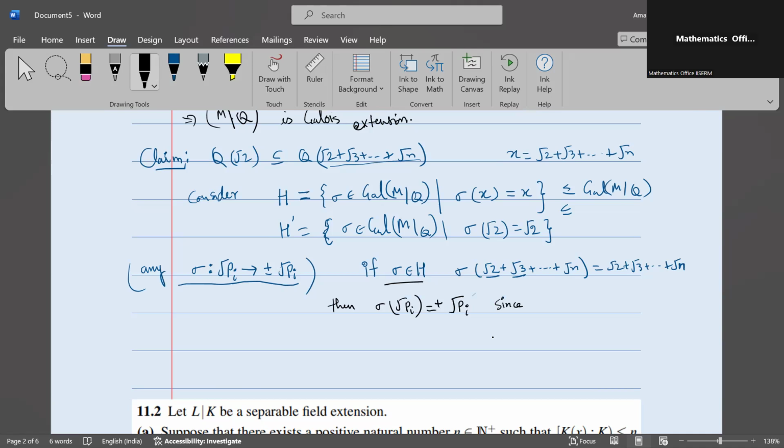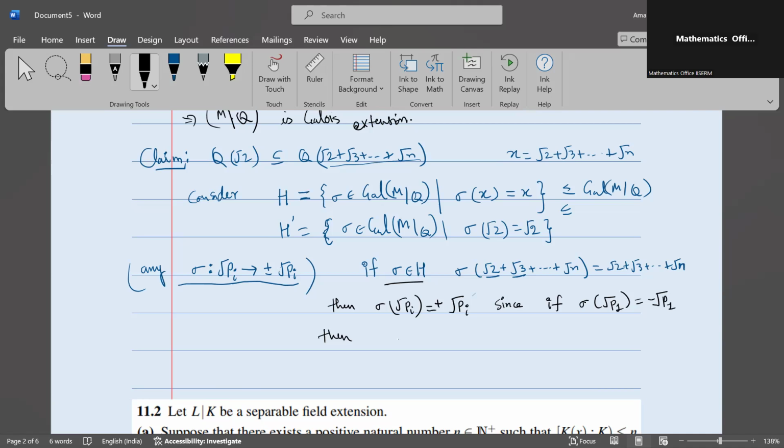If sigma takes sigma of, let's say, root p1 or root p2 or whatever, root p1 maybe is equal to minus root p1, then what happens to this value?